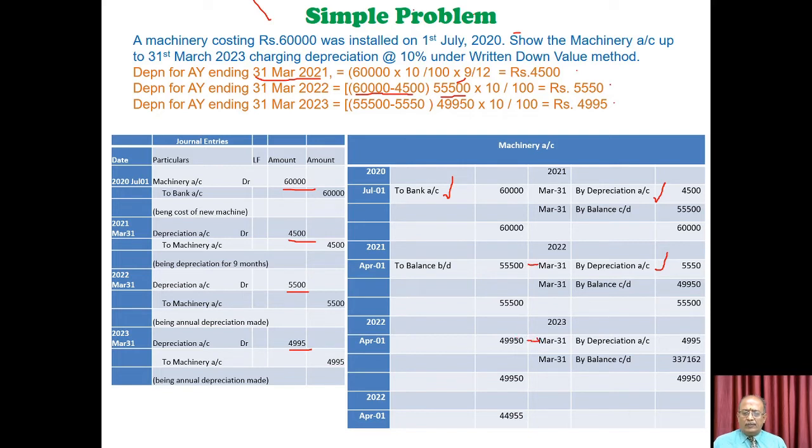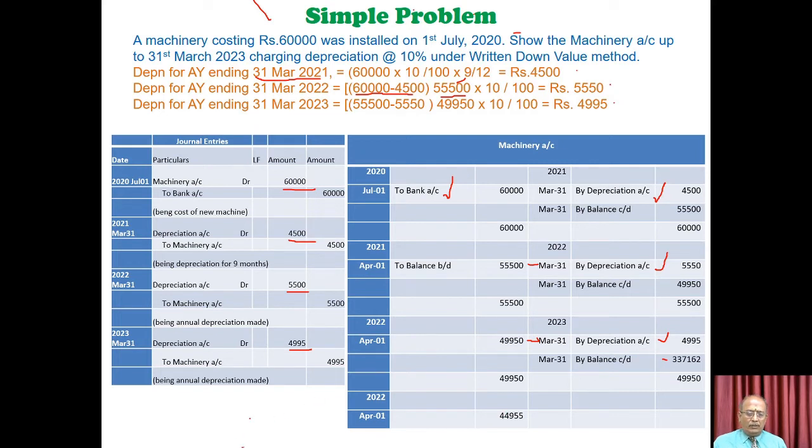So only on the balance amount we provide depreciation. Then finally, in the last year we had the closing balance of 377.